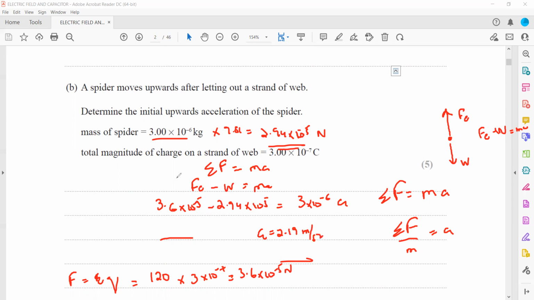So it is related to the first part because the spider moves upward, letting out a strand of web. The weight of the strand is acting downward, and the electric force on the strand of web is acting upward. That's why we calculated the resultant: electric force minus weight is equal to ma.